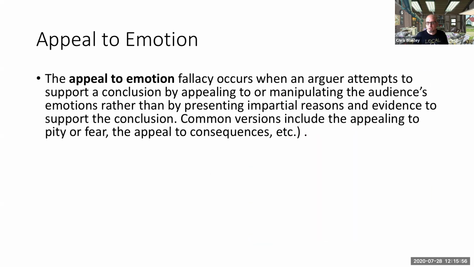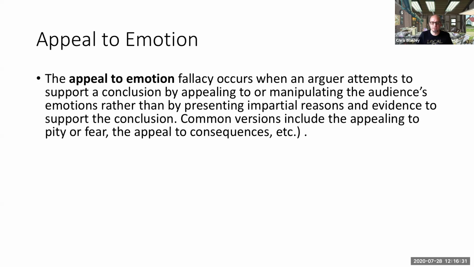So appeal to emotion. This is one of our informal fallacies. And again, this one in particular helps us get across this distinction between merely rhetorical persuasion through non-rational means, versus rational persuasion or logical persuasion. So the appeal to emotion fallacy occurs when an arguer attempts to support a conclusion by appealing to or manipulating the audience's emotions rather than by presenting impartial reasons and evidence to support a conclusion.